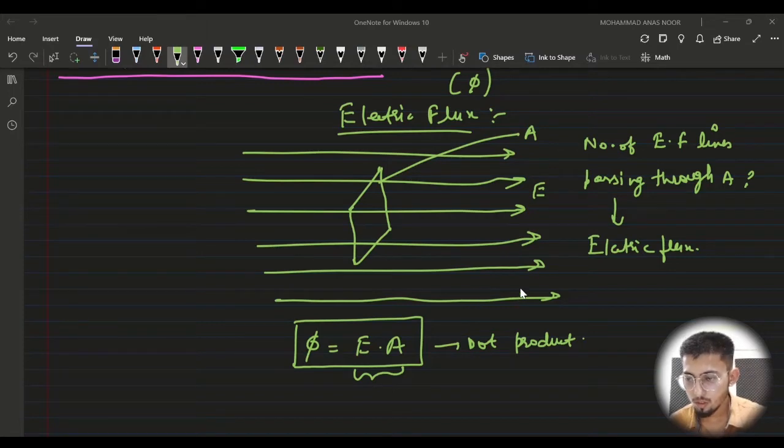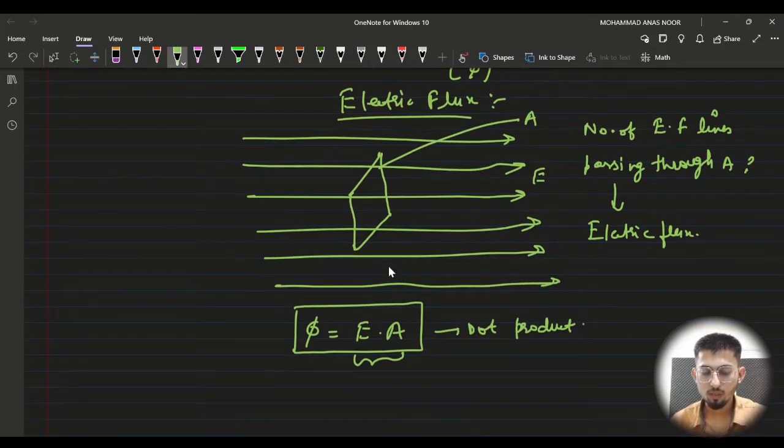If you see the diagram, you can see the same thing that I've drawn. It is the number of electric field lines that pass through a given surface.